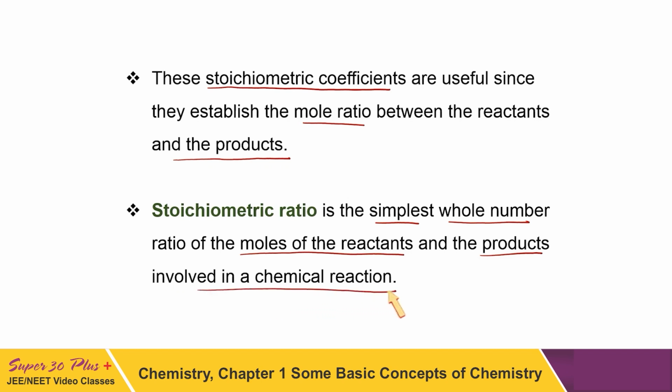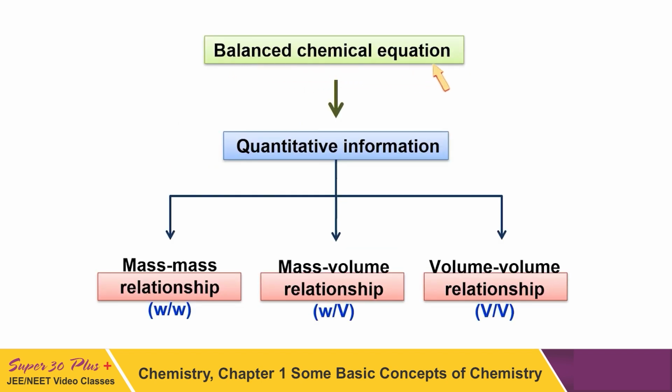I gave you plenty of examples to understand what the stoichiometric coefficient or ratio is. In the balanced chemical equation, as I told you from the very first moment, any calculation of stoichiometry is useful only when the reaction is balanced. So it gives you the quantitative information. Stoichiometry is not about qualitative information.